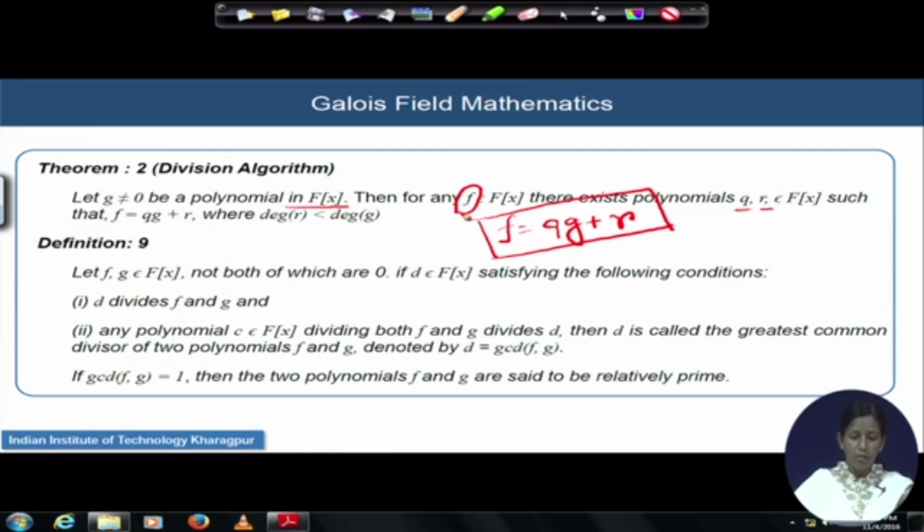And next definition, let us proceed. Suppose f and g are polynomials that belong to F[x], and not both of them are 0.